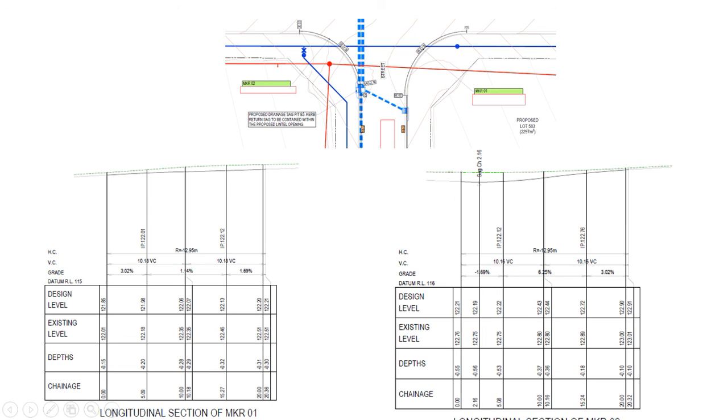It will be about 10 or 12 kilometers per hour. For that, we have provided a vertical curve length of about 11 meters. As you can see here, an 11 meter vertical curve with a horizontal radius of 13 meters is proposed, so the vehicle can enter without going into a different lane, and enters the dedicated lane.